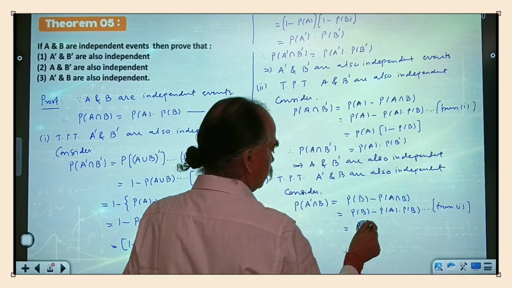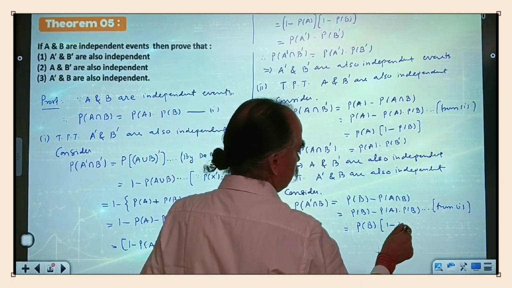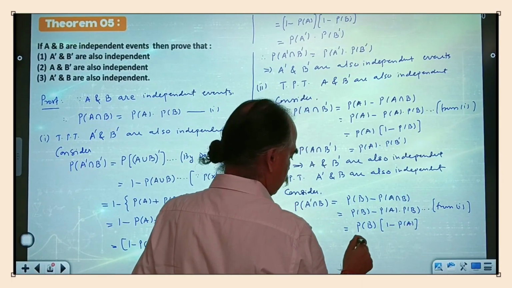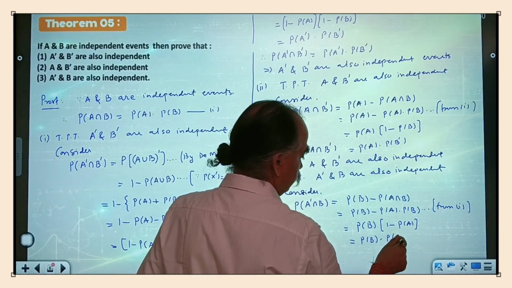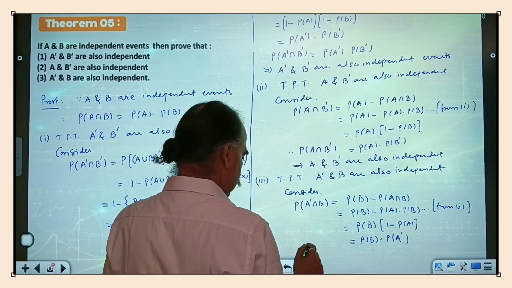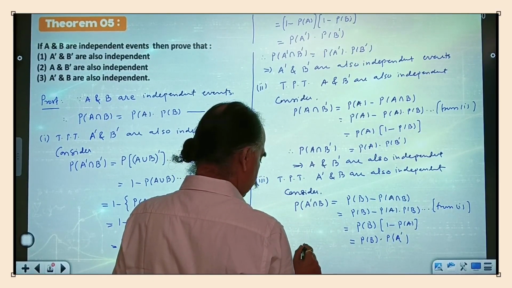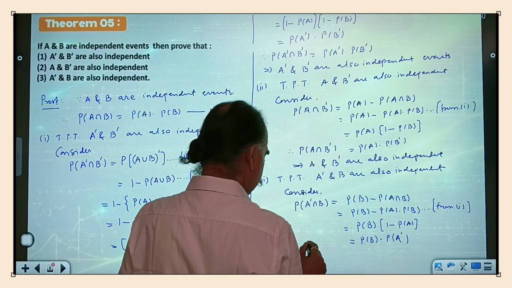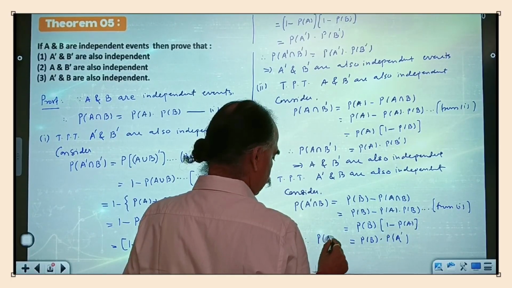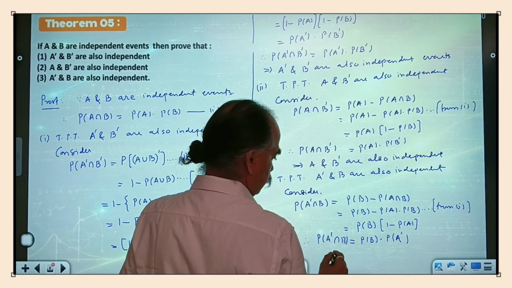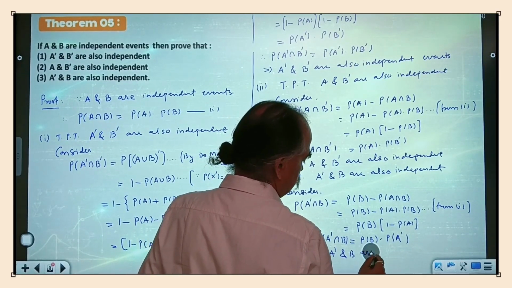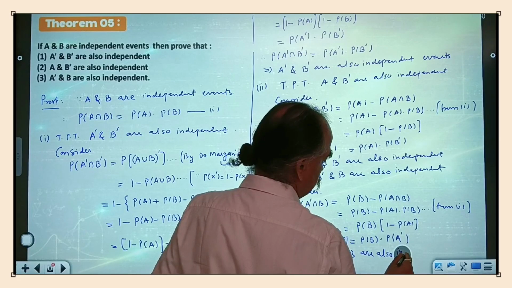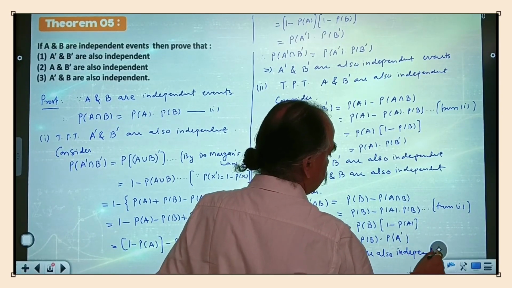P(B) common, P(B) into P(A complement). Therefore, this implies A dash and B are also independent.